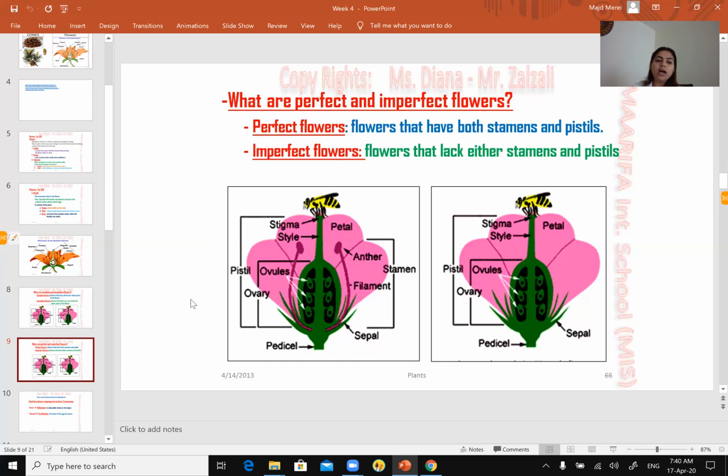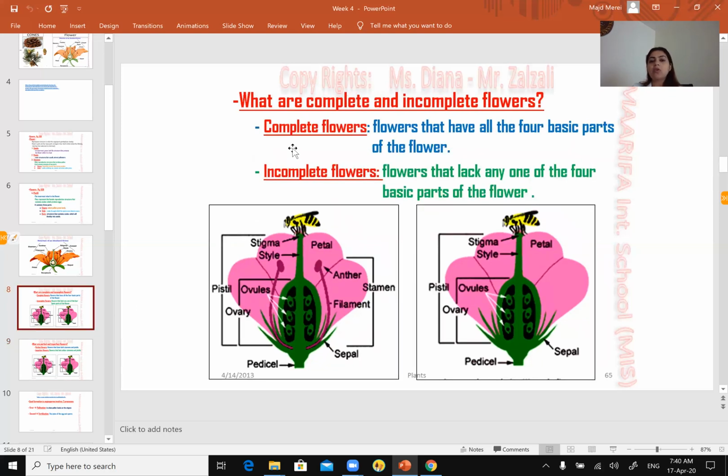So, if you have a complete flower, since it's complete, it has the 4 parts. So this flower has the 2 reproductive parts, stamen and pistil. So complete flowers are always what? Always perfect flowers. But the opposite is not true.